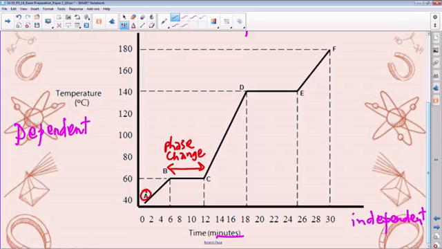So for that reason, between A and B, it's a solid.